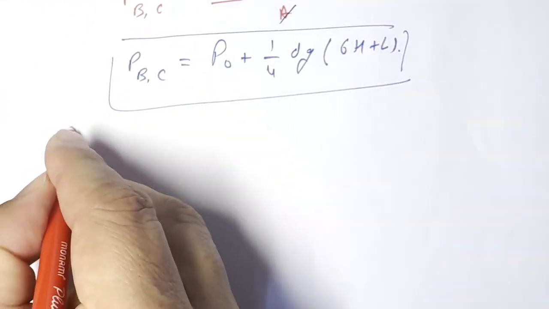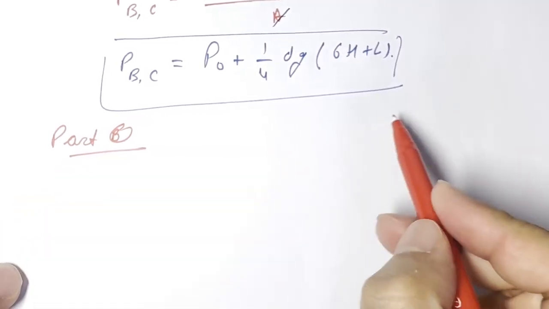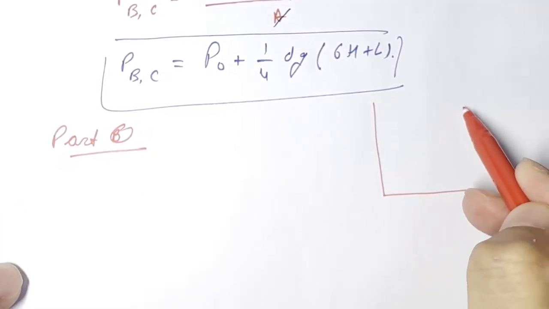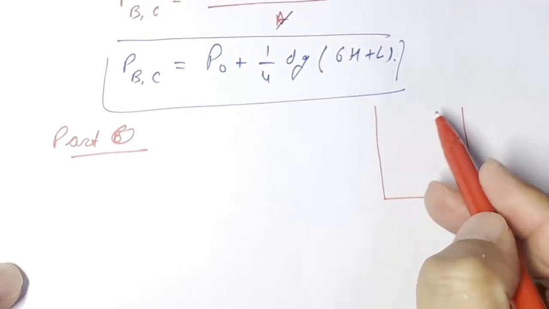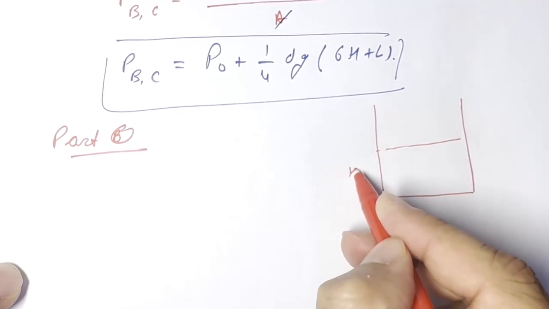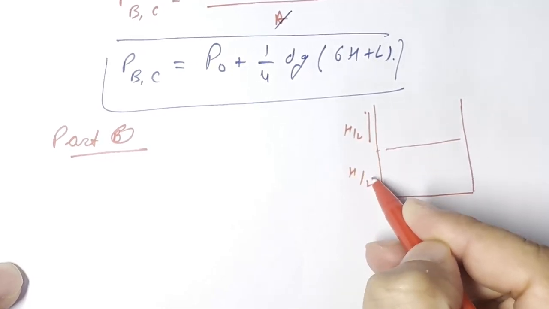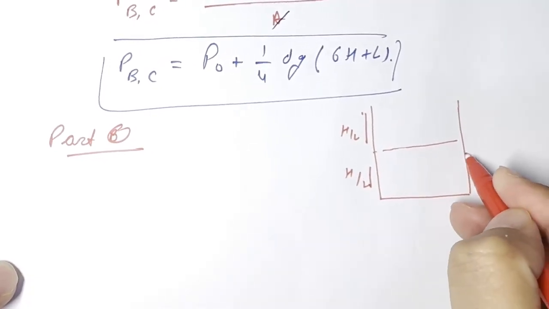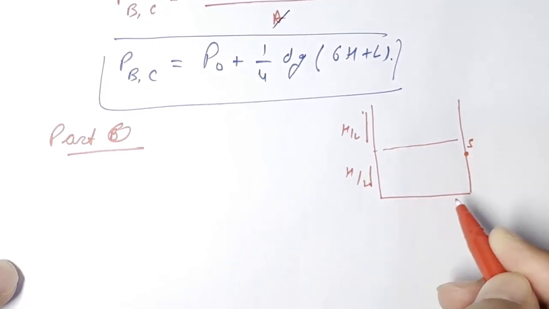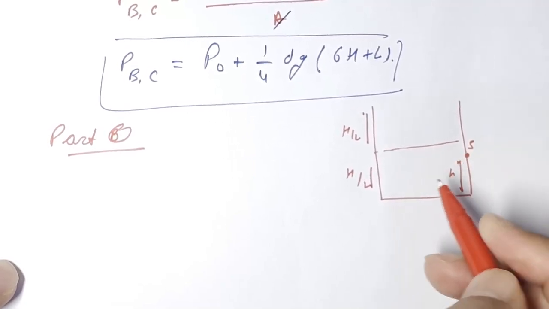So now we go for part B, and in part B it states that these are the two liquids, H/2 and H/2, and here a hole is made of cross-sectional area S, and the height of this is small h from the bottom.